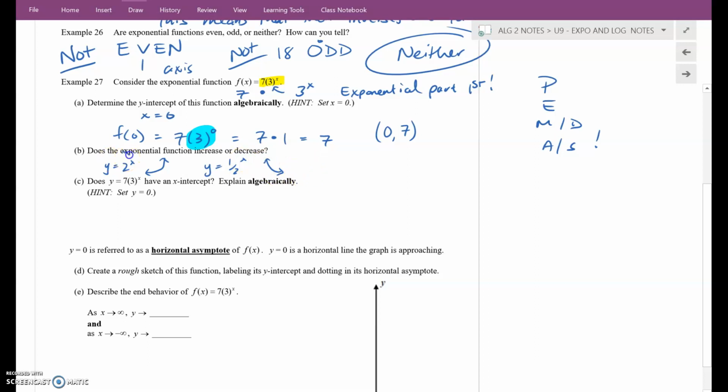Ours is much more like this guy in that the base of our exponential expression, the 3, is larger than 1. Since our base is greater than 1, it's going to increase to the right. It increases as we read from left to right.